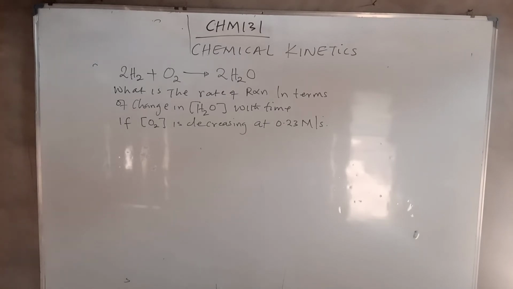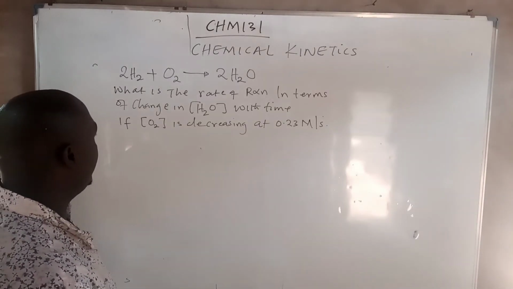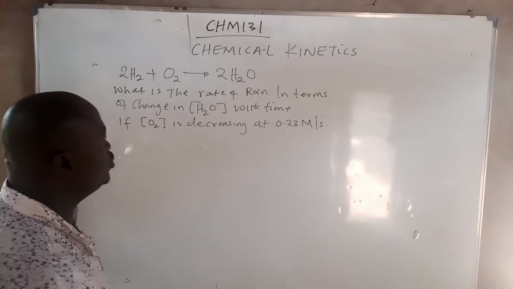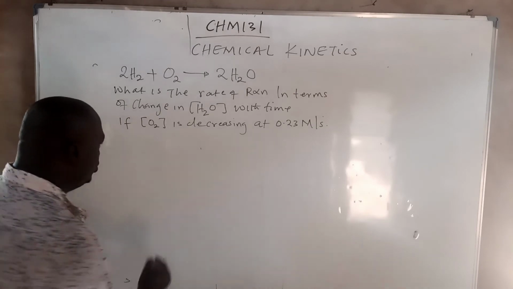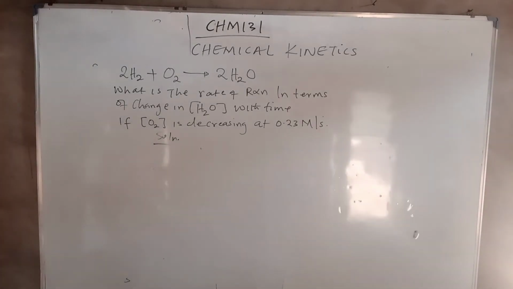We are in the next example. You have an equation and they ask you what is the rate of reaction in terms of change in water with time, and O2 is decreasing at 0.23. Now the first thing I'm going to do is write the overall rate of the reaction.